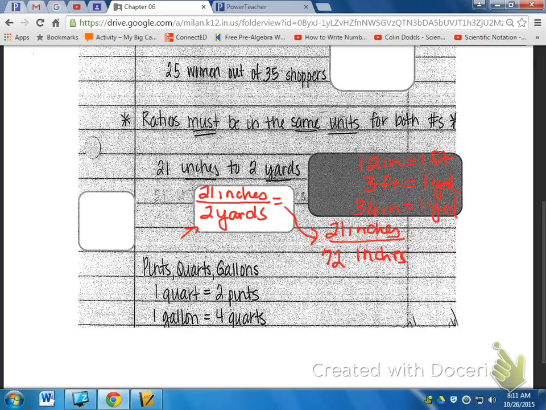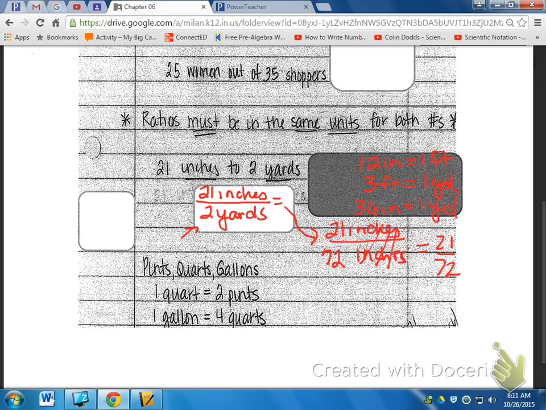Now, once the inches are the same, you get rid of the inches, and we say 21 over 72, and then the last thing you have to double check for is if there is a common factor we can take out of there. Do you think there is? Well, maybe you don't know.